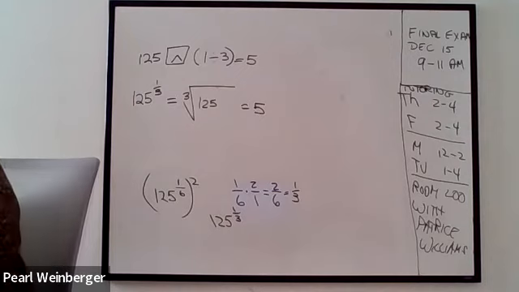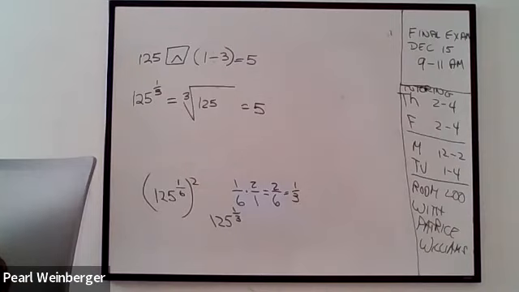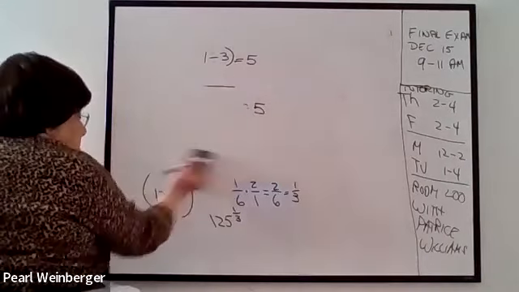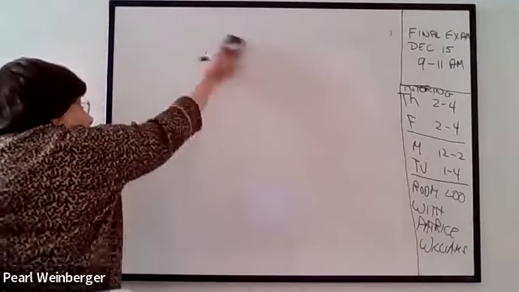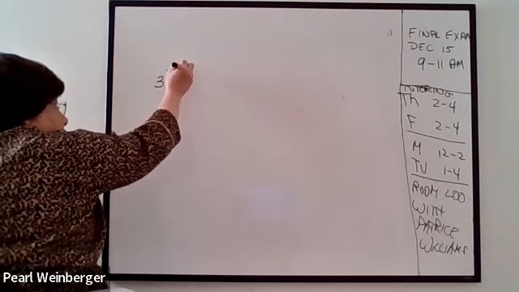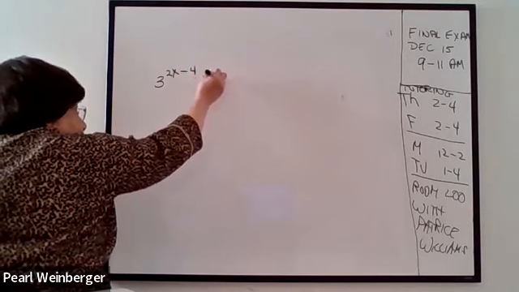So let's say I gave you this equation: Three to the 2x minus 4 equals 9.